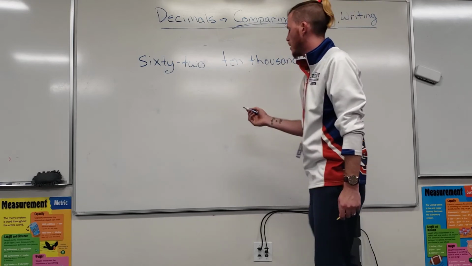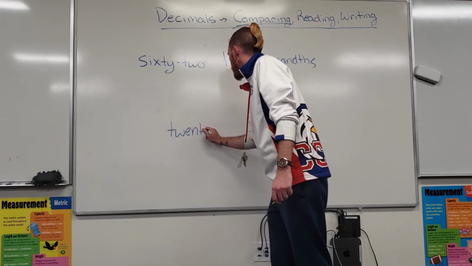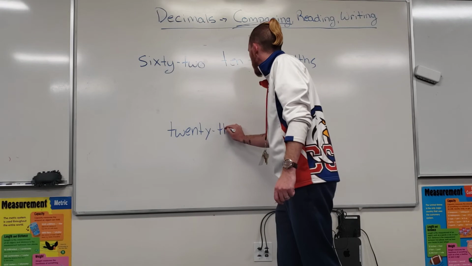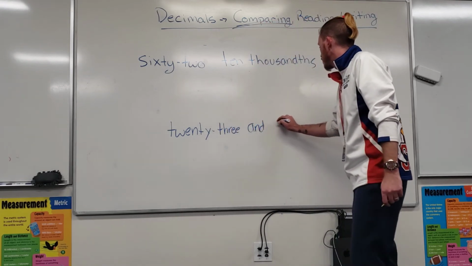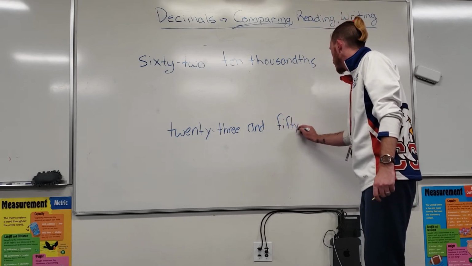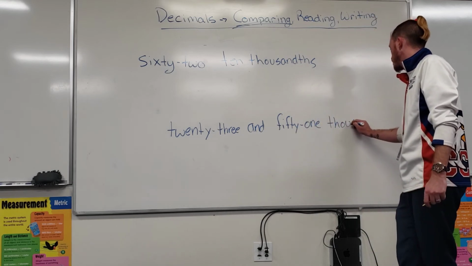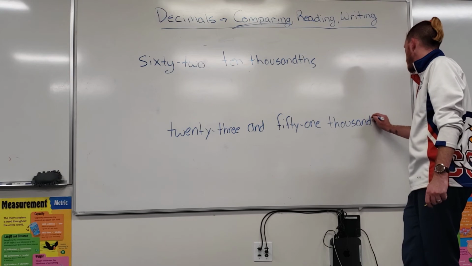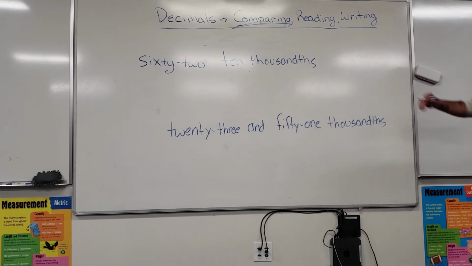And then I'd like you to also do 23 and 51 thousandths. So I'm going to give you a pause there, and then I want to do this one with you after you have a chance to think about it, and then you'll go ahead and solve this one on your own.